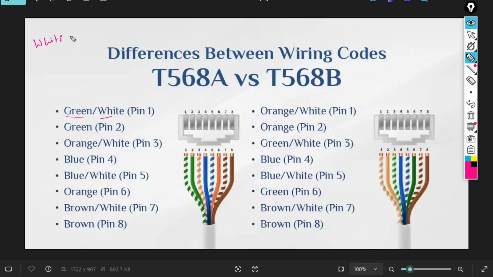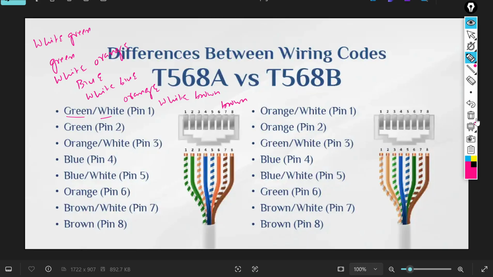White green, green, white orange, and the next blue, white blue, and orange, and white brown and brown. These are 8 colors.